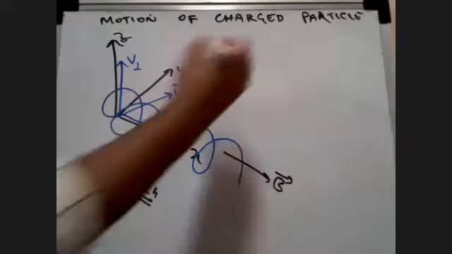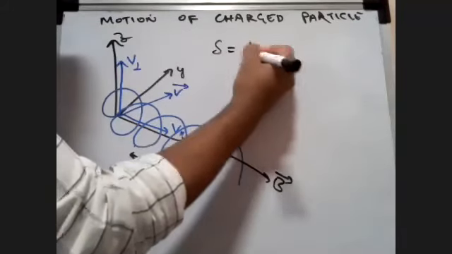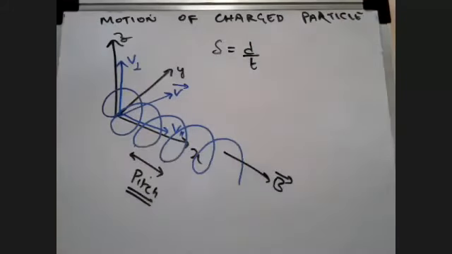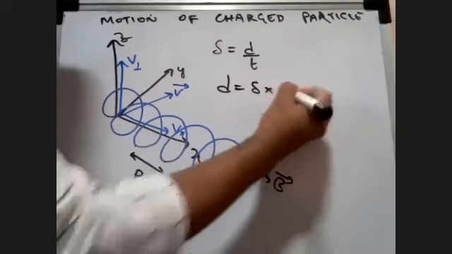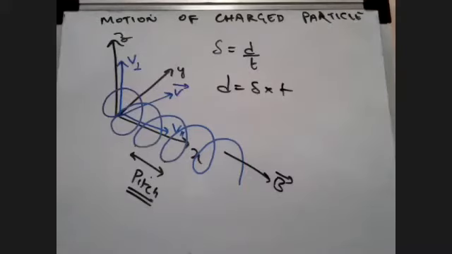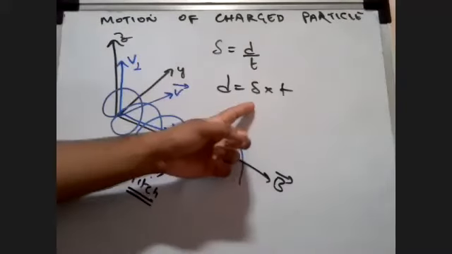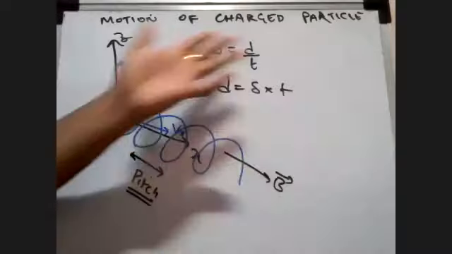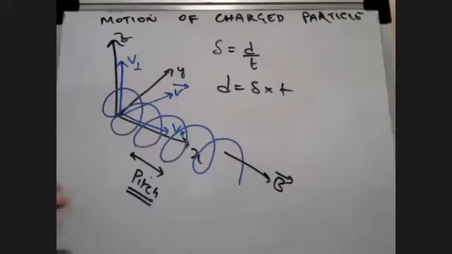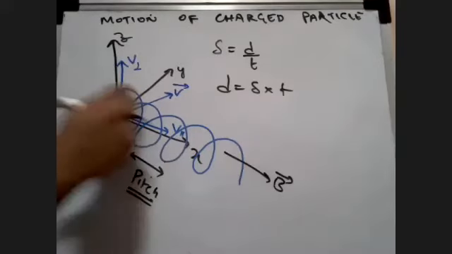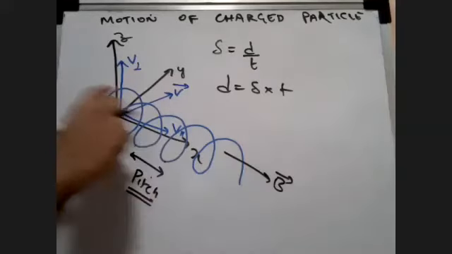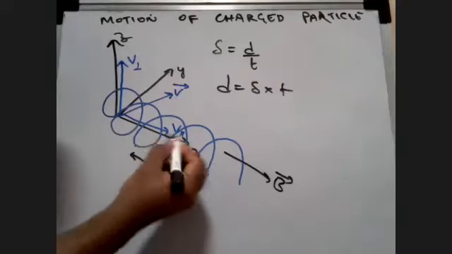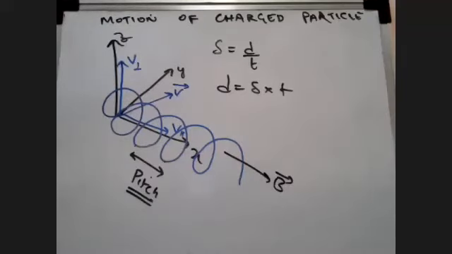Basically, you know, speed is equal to distance upon time. Then distance is equal to speed into time. But now listen, students, here let's consider speed to be in vector form. The speed at which the circular motion is being turned into a helix in this x-axis direction is because of V parallel.